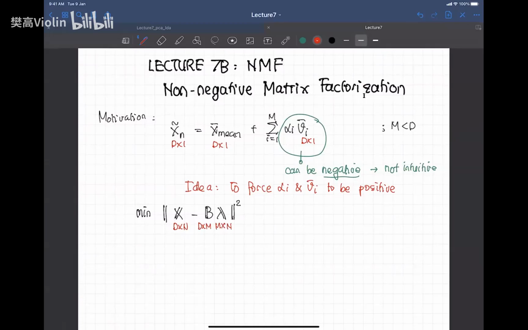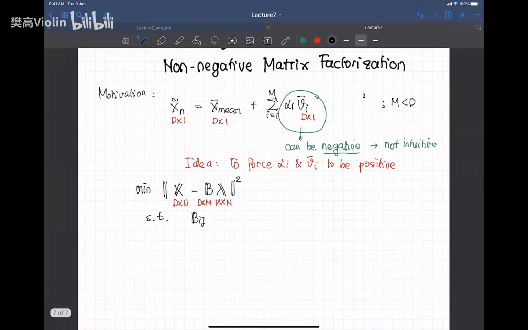And this one is subject to Bij, the elements of matrix B, greater than 0. So this is the constraint, and the same for lambda ij, which is also greater than 0.